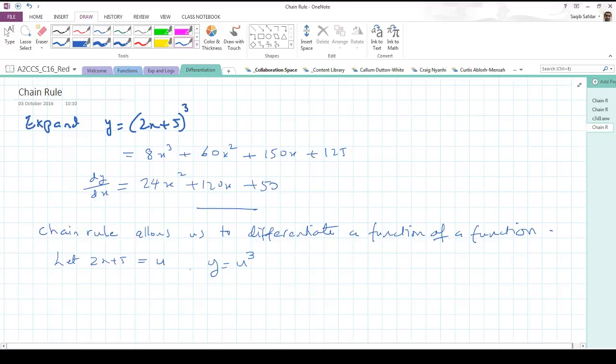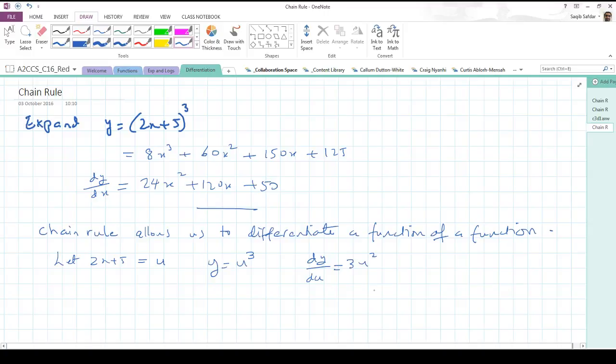Okay? If I've got y equals u cubed, and I want to find dy/dx, we can have this relationship with the chain rule. Let's just do it term by term. If I've got y equals u cubed, what would dy/du be? If I differentiate y with respect to u, 3u squared.